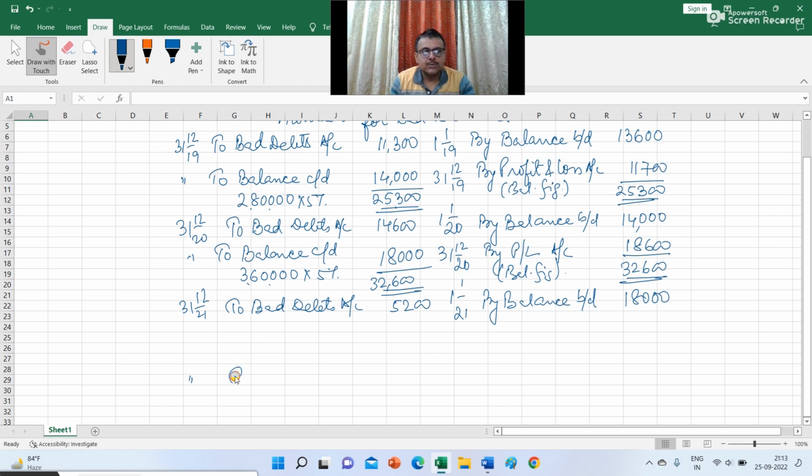The required amount of provision at the end of the year is 1,70,000 into 5%, so this is 8,500. So the balancing figure has to be credited to P&L because your required provision is less than what you have in the balance. So the difference or the balancing figure will be credited to P&L account, 4,300.